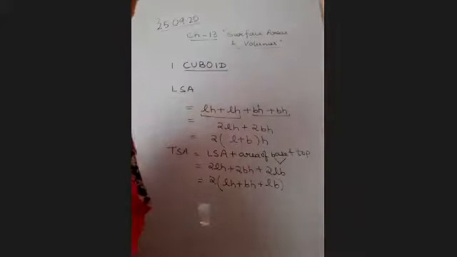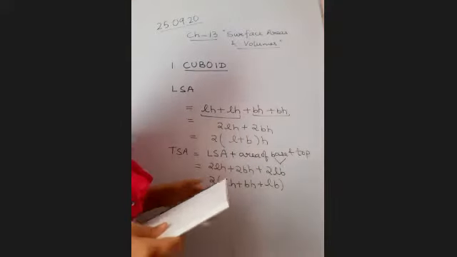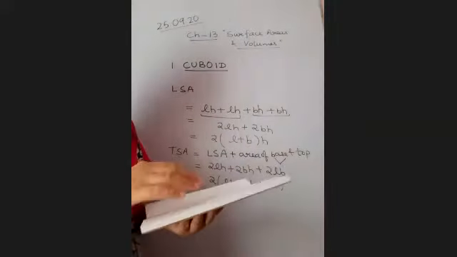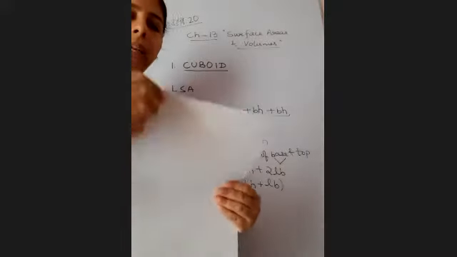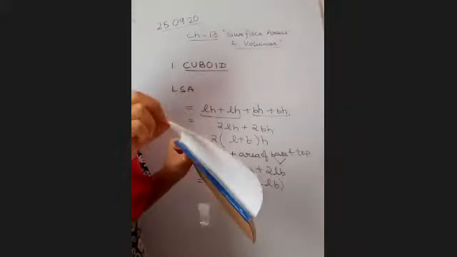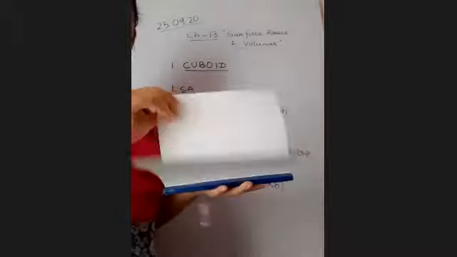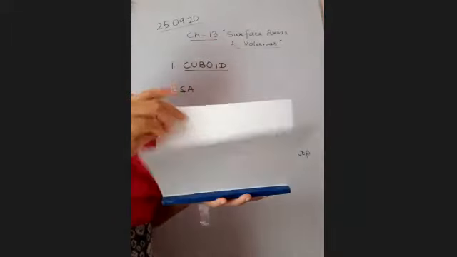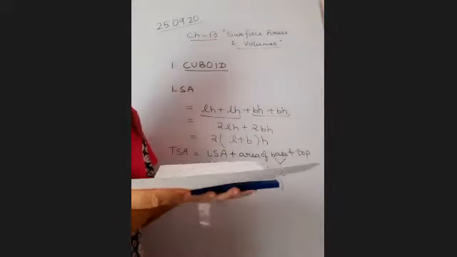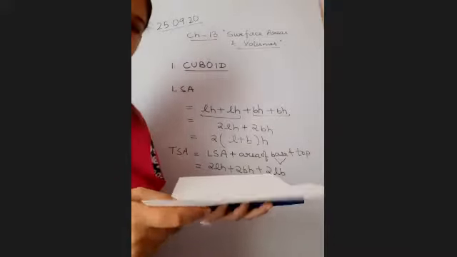Now coming on to another thing. Let us find the volume. See beta, this is a rectangle with length L and breadth B. What is the area of this sheet? Length into breadth, LB. If I take two sheets, it will be 2LB, right?